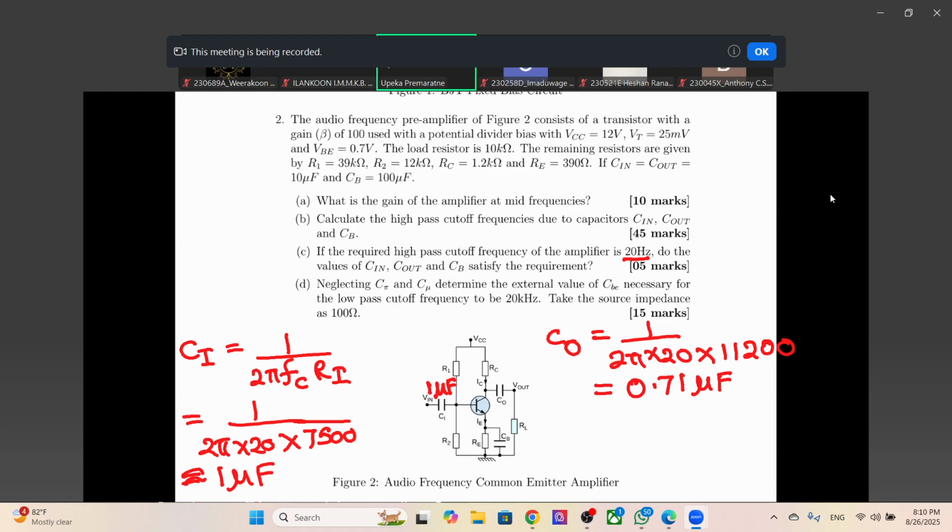We can either go to the one that is higher than this, which is 0.82 microfarad, or the one that is lower than this, which is 0.68 microfarad. Out of these two, which option are we going to choose?